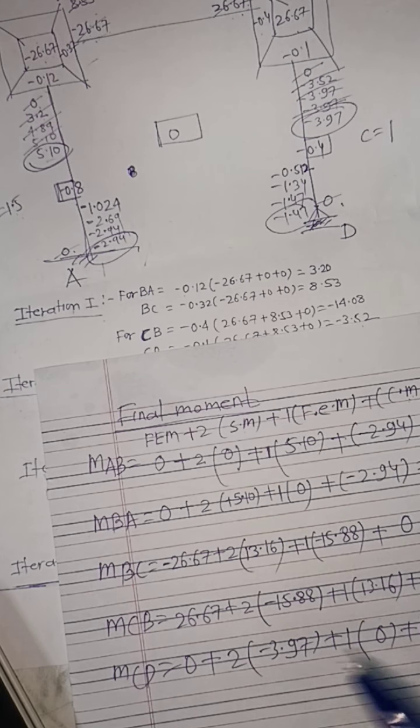CB and CD, minus 9.14 will be the answer. So there will be some minor difference. We have to see that.